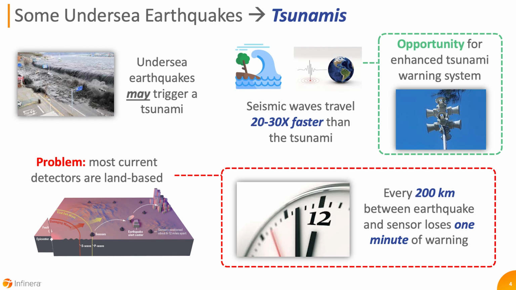For a long time we have had land-based seismic detectors. There's a lot of them around the globe. They have a very good and sophisticated sensing suite, but the problem with them is that they can be rather far away from where the earthquake and the tsunami originates.